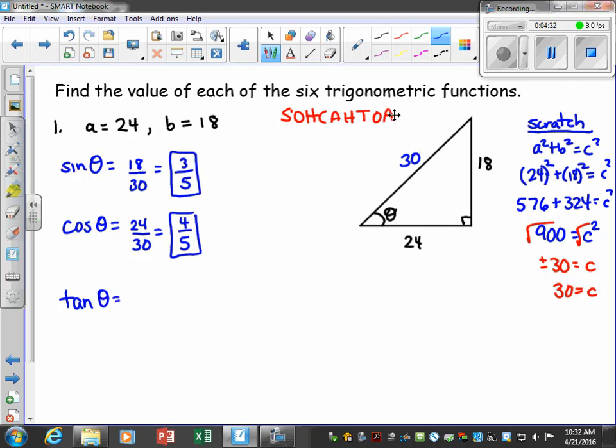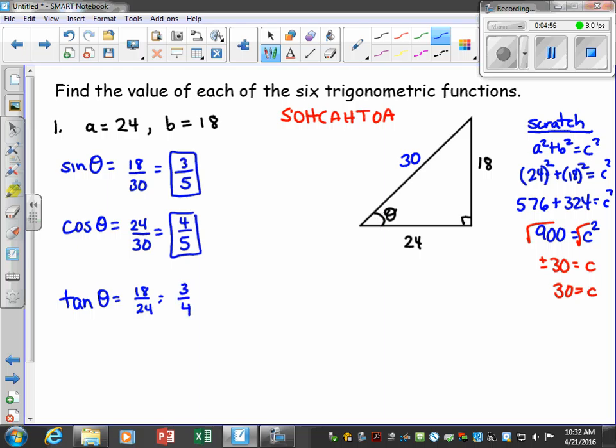Opposite over adjacent, so opposite is 18, adjacent is 24, so 18 over 24. When we're doing these, opposite and adjacent are always with respect to your angle theta, and sometimes angle theta might be in a different location, so make sure you're always working with angle theta. And that reduces to 3/4.